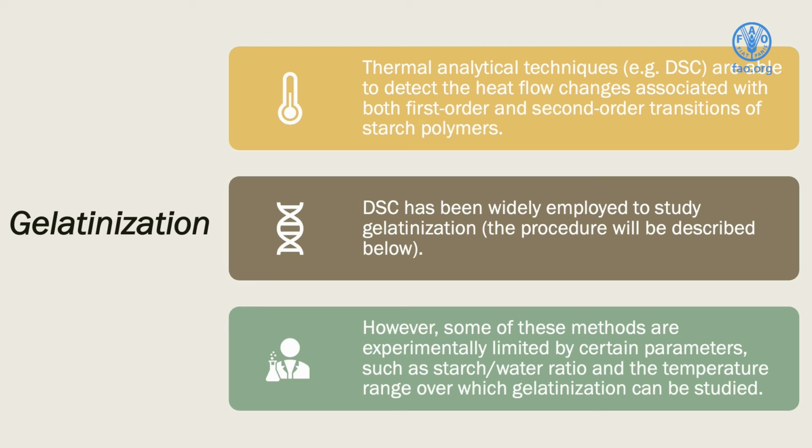Some analytical techniques like DSC are able to detect heat flow change associated with both first order and second order transition of starch polymer. This has been widely employed to study gelatinization, but some of these methods are experimentally limited by certain parameters such as starch and water ratio and the temperature range over which the gelatinization can be studied.